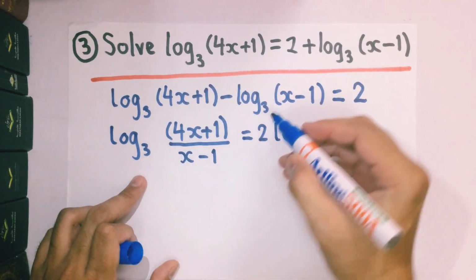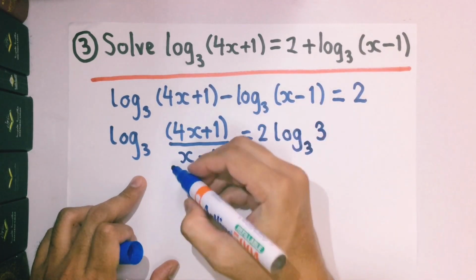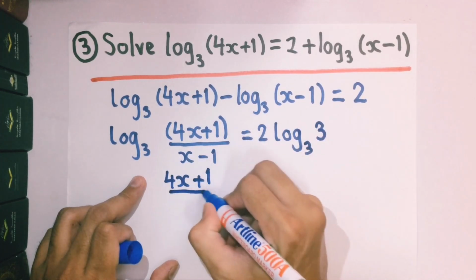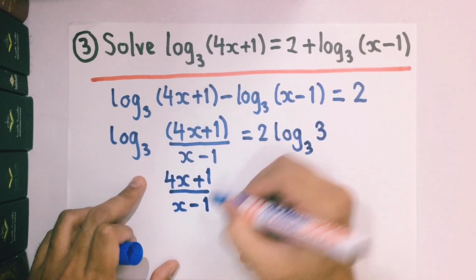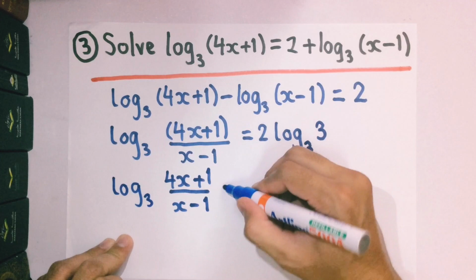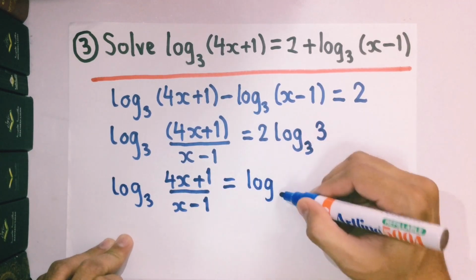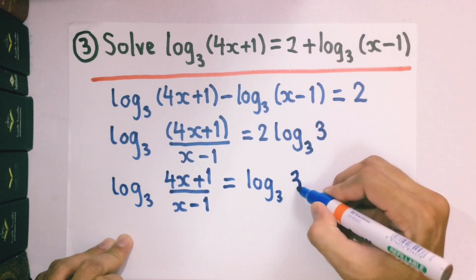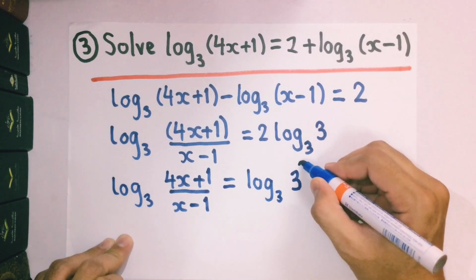Next, you're going to bring these two up. So you have log 3 of (x plus 1) over (x minus 1), I forgot to write the log 3, and then equals log 3, and then the 2 you can bring up, the third law of logarithm, so it becomes 3 squared.